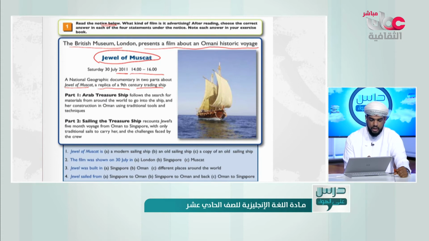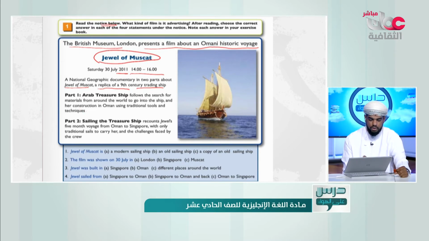Part 1, Arab Treasure Ship, follows the search for materials from around the world to go into the ship and her construction in Oman using traditional tools and techniques. So this is part 1.